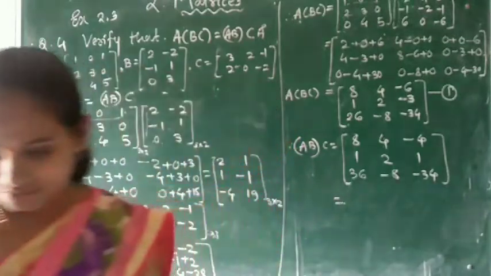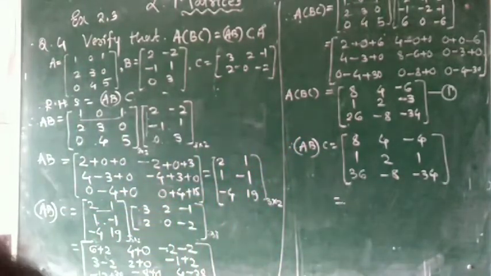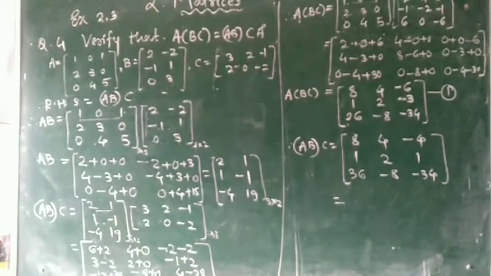So check which value. AB into C is 2, 1, 1, minus 1, that is correct, and minus 4, 19. A into BC, the value of A into BC is 8, 4, minus 6.